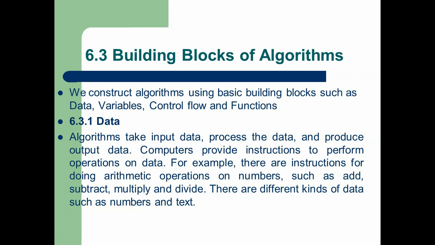The first block is data. What is data? An algorithm takes input, processes the data and produces output. Data, which we already discussed in the first chapter, are the raw facts about any man, place, or thing. The purpose of programming is to convert data into information.